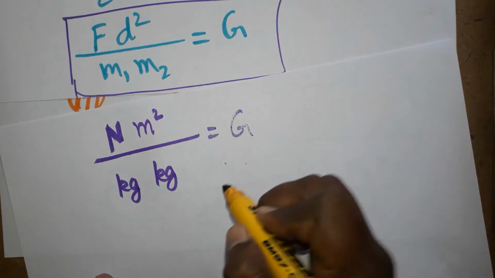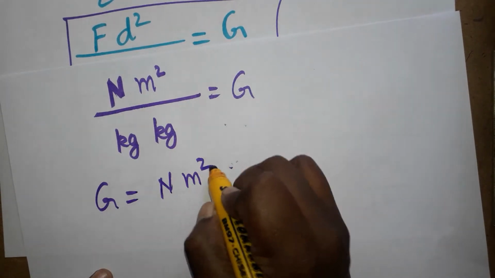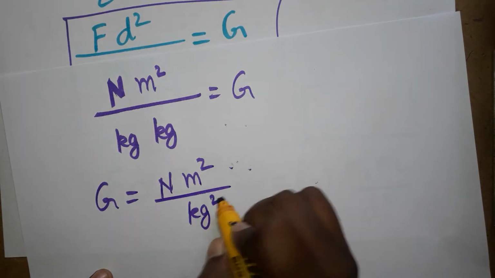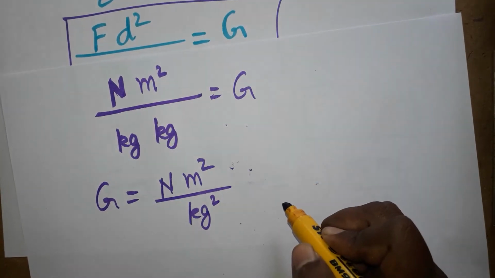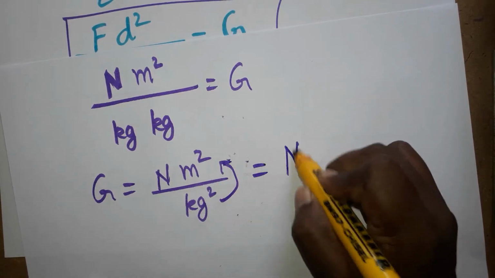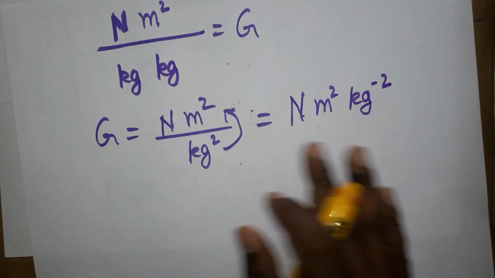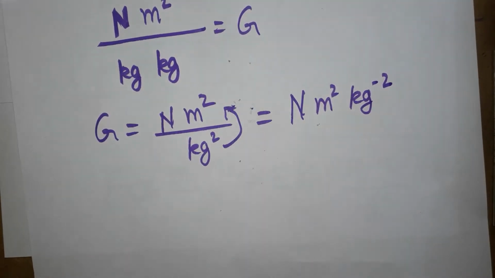So the capital G SI unit will be Newton meter square divided by kg square, which is Newton meter square kg minus 2.